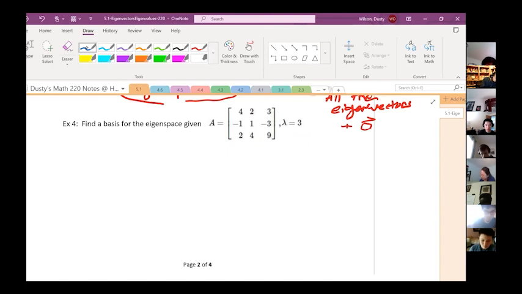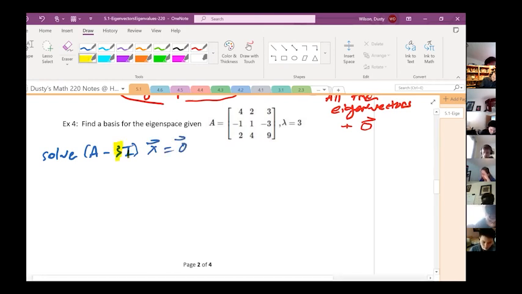So I need to start by solving (A minus 3I) times x equals 0. Here's the eigenvalue that was given. In the next section, we learn how to find the eigenvalues. In this section, we're just using them.